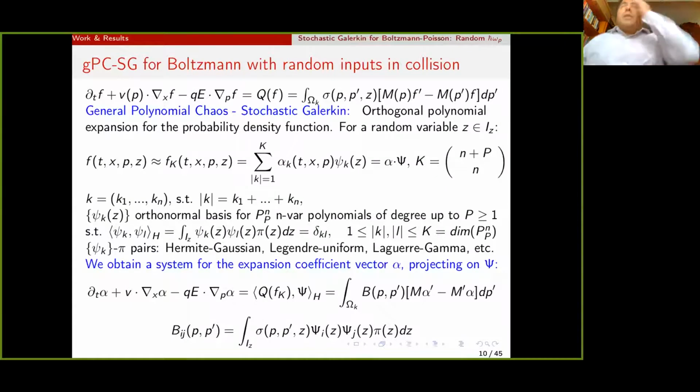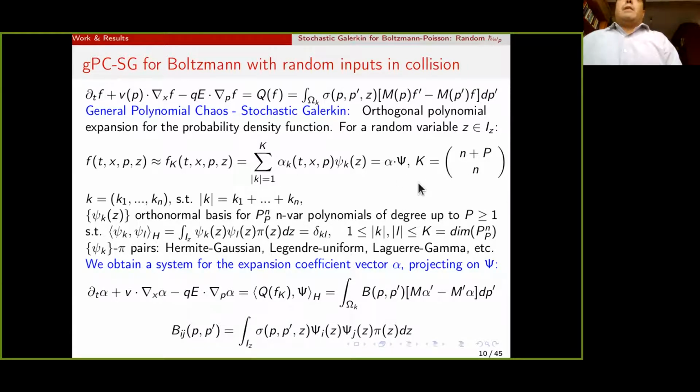So, okay, let me give quickly the summary. Probably a good amount of you will be familiar with it, but it doesn't hurt to check it. So I'm going to focus on uncertainty in the collision, basically adding uncertainty in the scattering kernel. And so, okay, we have the general polynomial chaos, where essentially you do an expansion in random variables, and you have the coefficients, which are basically non-random, and then a basis function related to the random variable, and you do an expansion, which is sort of like a Fourier expansion, and then you do a truncation.